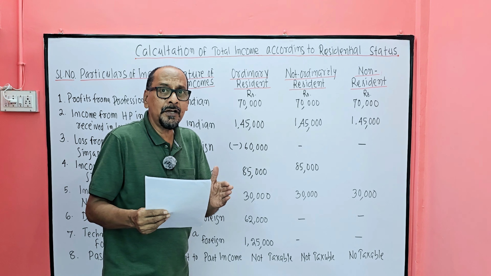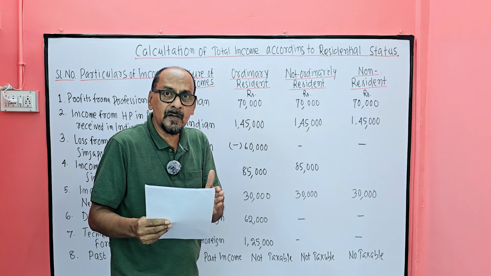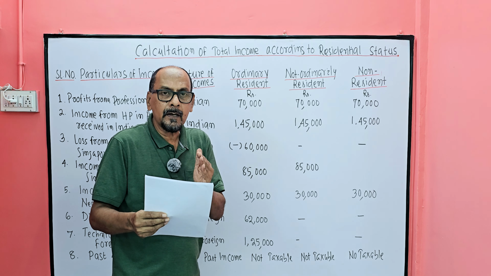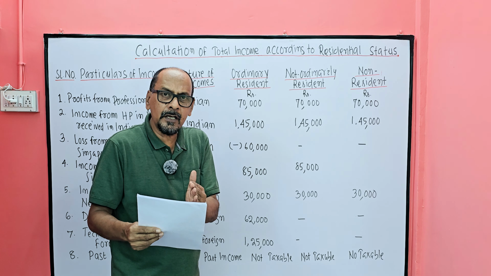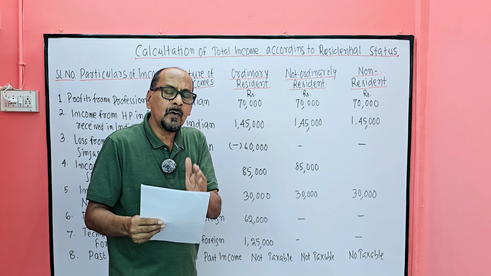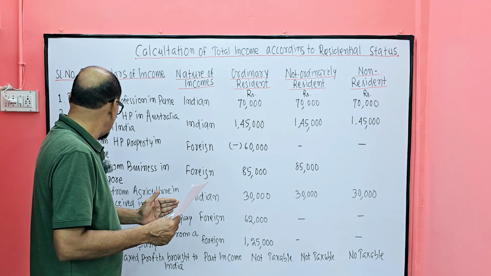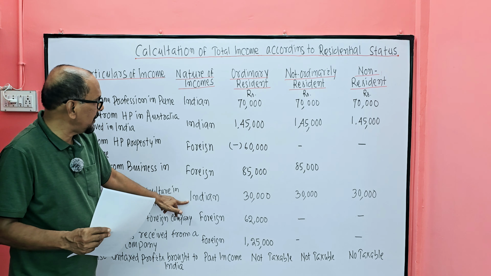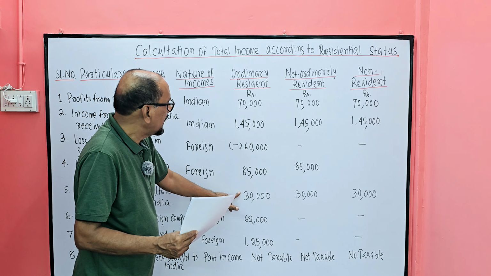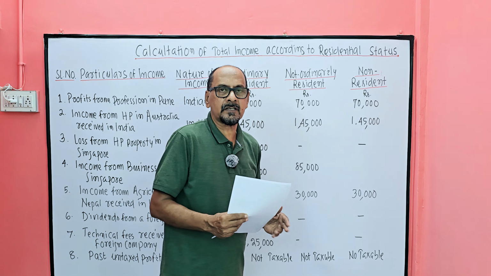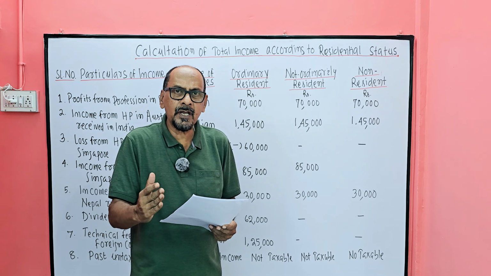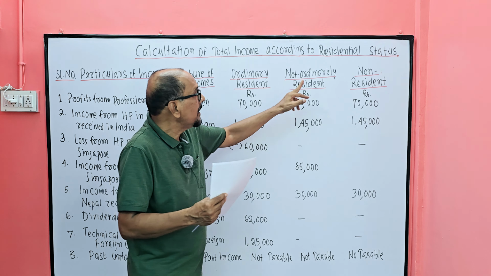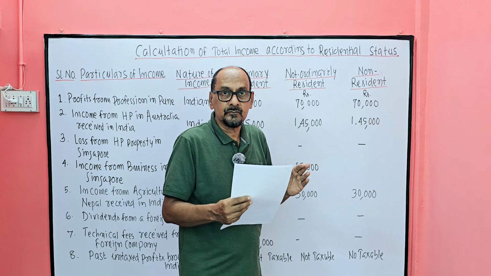We know that in India agricultural income is exempted under section 10, but income from agriculture in Nepal will be treated as an Indian income, and it is taxable in all three cases. So rupees 30,000 is taxable in all three cases, that is ordinary resident, not ordinarily resident and non-resident.